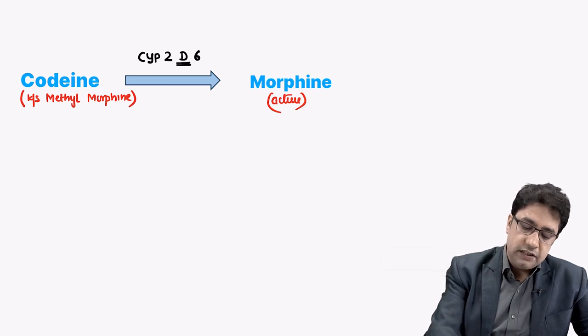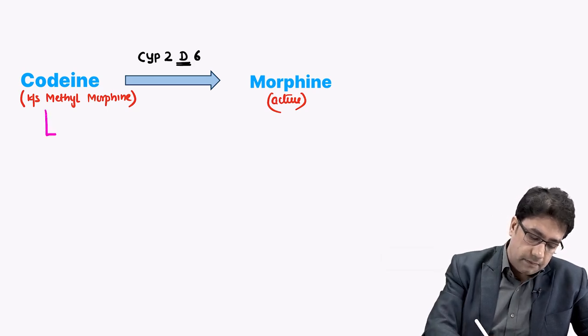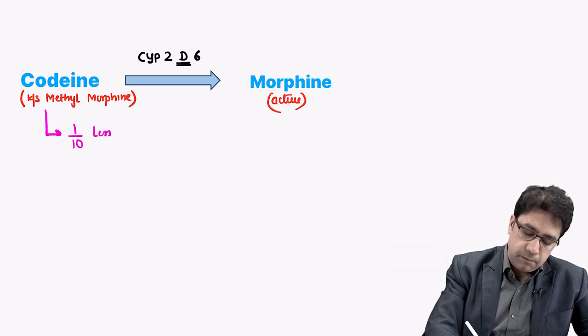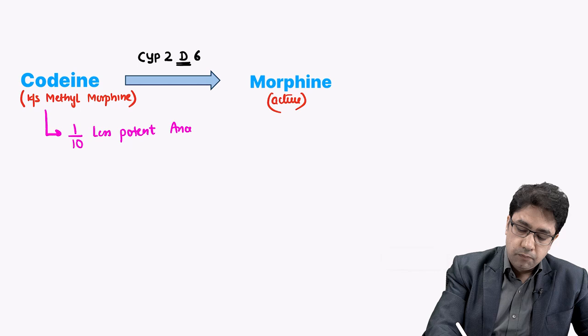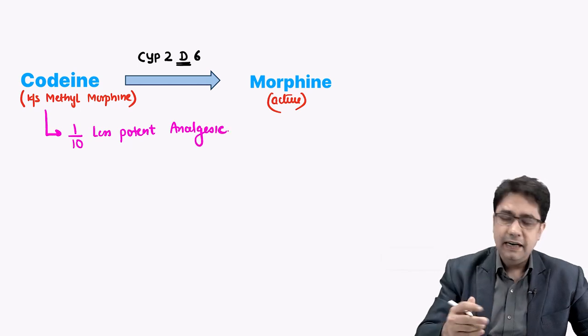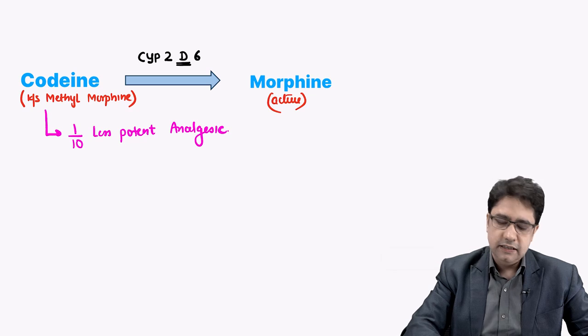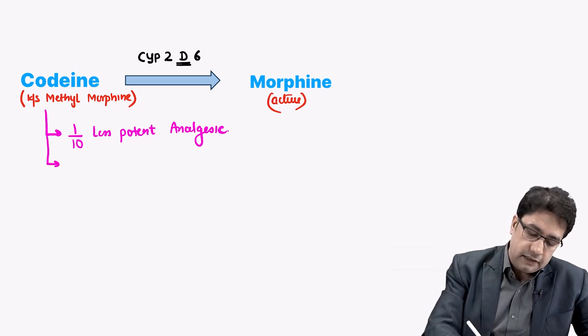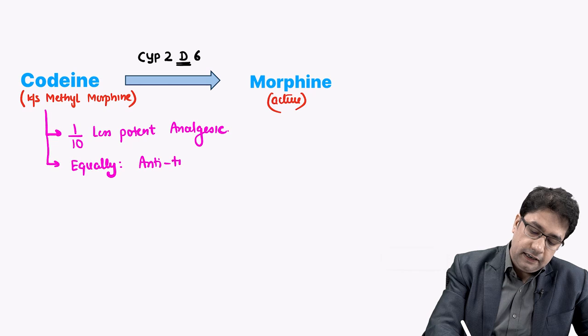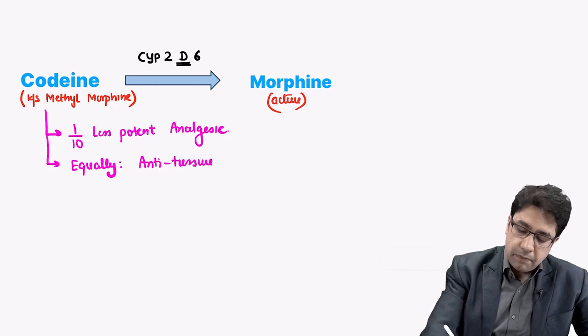Now how is codeine different from morphine? Remember, codeine is 1 by 10 times less potent as an analgesic as compared to morphine. That means it is a less powerful analgesic, but it is an equally powerful antitussive drug. Antitussive means it acts on the brain and suppresses cough centers.